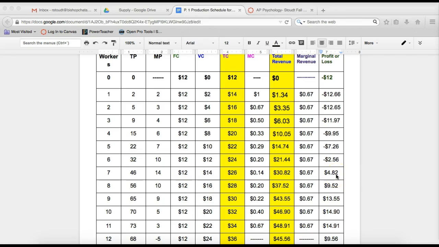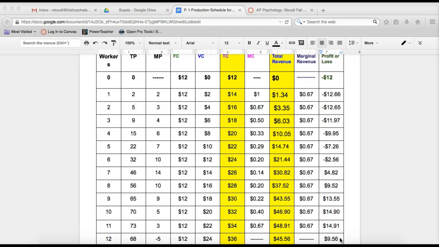Woohoo! $4.82. At 8 workers, you have a profit of $9.52. At 9 workers, a profit of $13.55. At 10 workers, a profit of $14.90. At 11 workers, a profit of $14.91. And at 12 workers, you have a profit of $9.56.